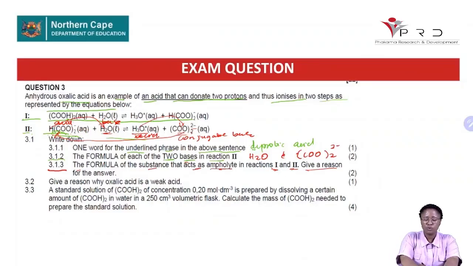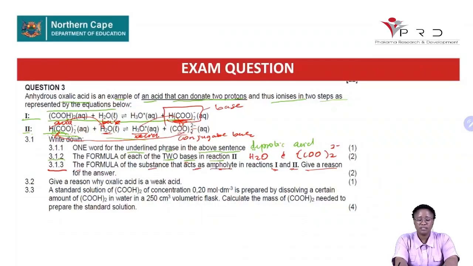Now let's check which one acts as an acid in the presence of a base. We know that the correct answer here will be HCOO minus, not HCOOH. It is a conjugate base in reaction 1, and then in reaction 2 it is an acid.